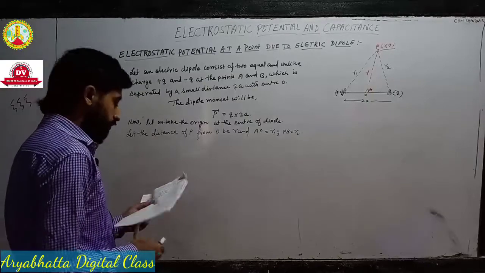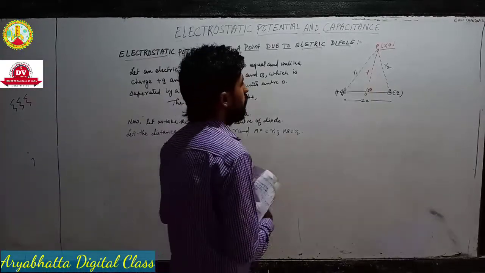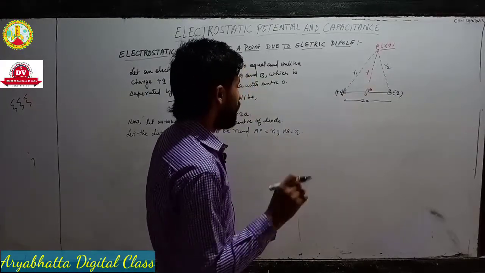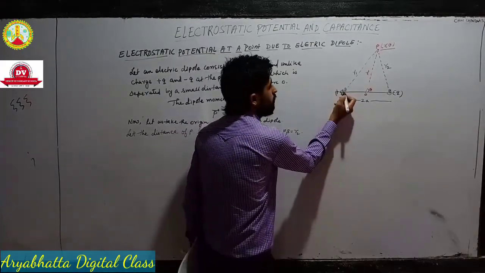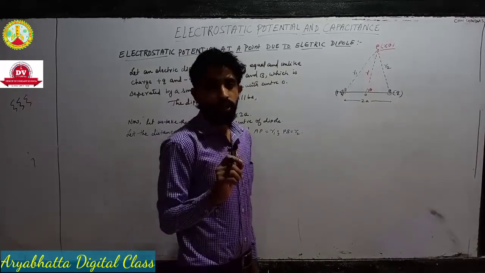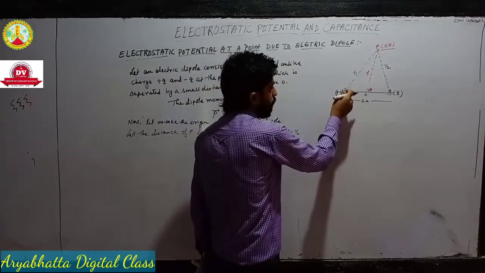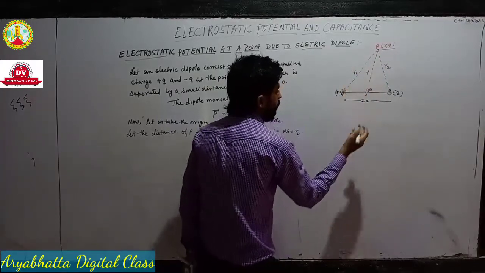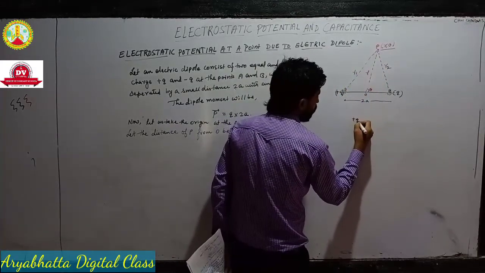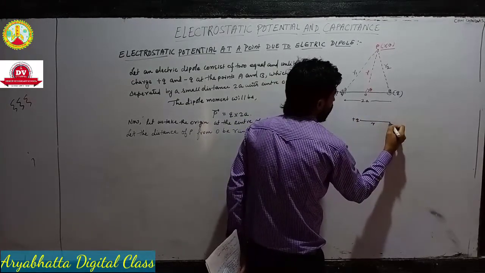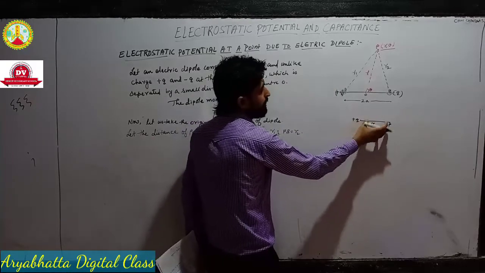So we have already found the expression for the point charges in our last class. If you remember, we have got the electric potential for a point charge. So this will act as a point charge. See, this is the point charge situated here. If you remember the diagram, this was plus Q situated at a distance R. So see, this case is similar to this, or not?